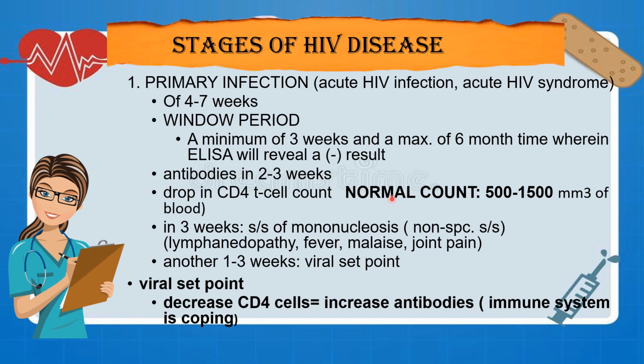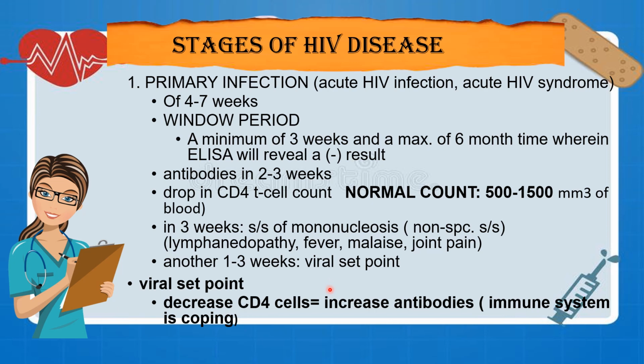So we know that the normal count is between 500 to 1,500 cells per cubic millimeter of blood. The host responds to the HIV infection through a CD4 T cell response that causes other immune cells such as CD8 plus lymphocytes to increase their killing of infected virus-protruding cells.